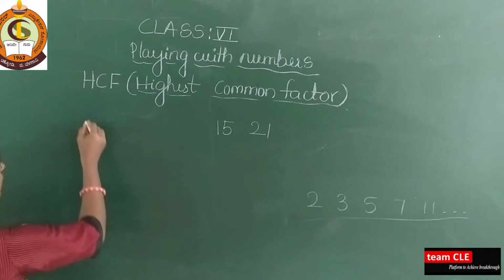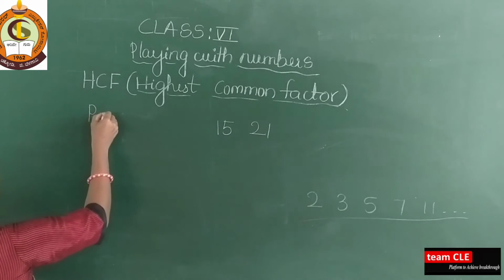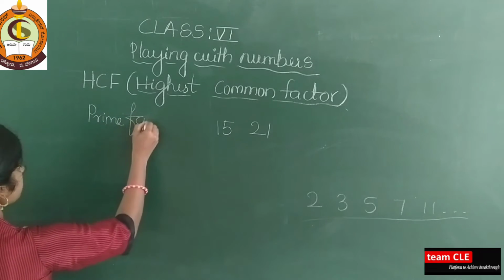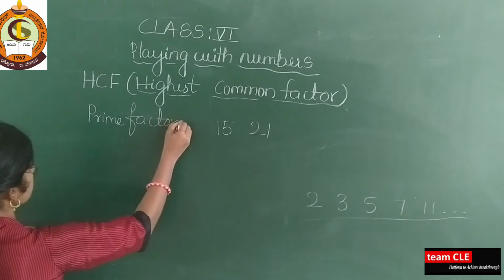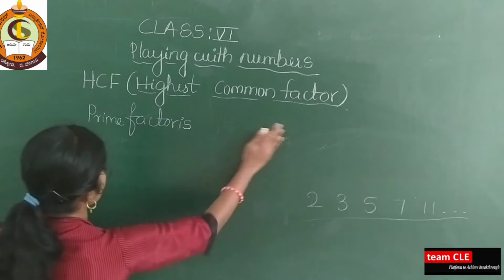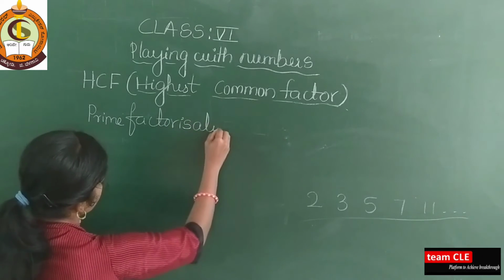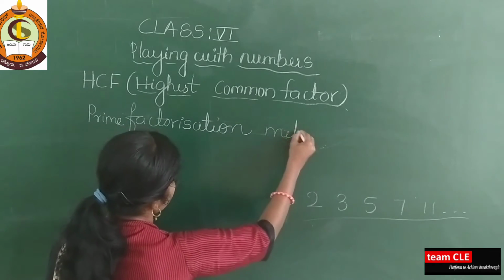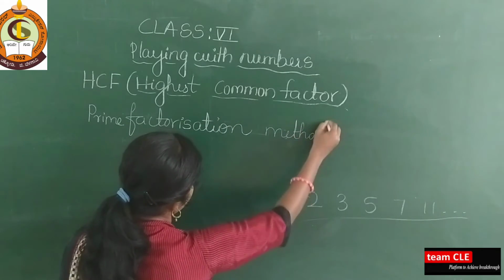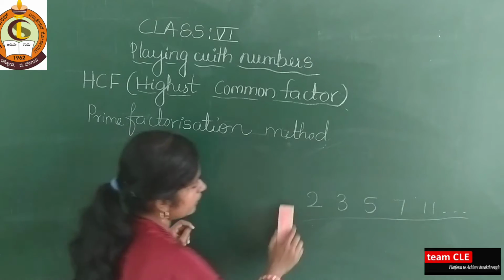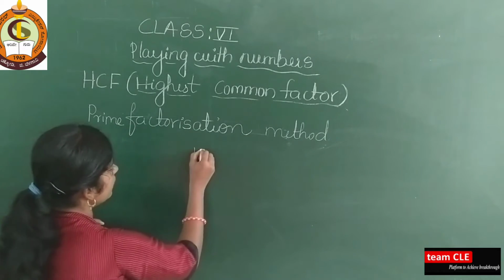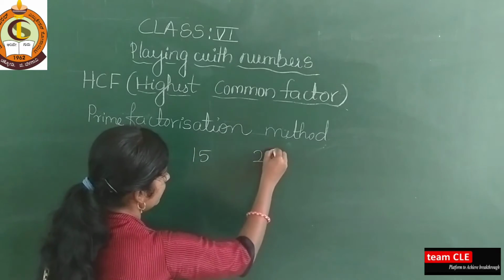So here let us start the prime factorization method by using this example. Here we must use prime numbers. So see here, 15 and 21.